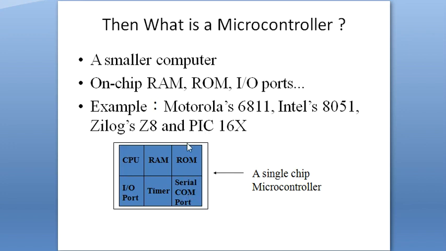Examples of microcontrollers are the 6811 from Motorola, the 8051, which is what we are studying, from Intel, the Z8 from Zilog, and the PIC 16 series. This is how a microcontroller can be arranged.